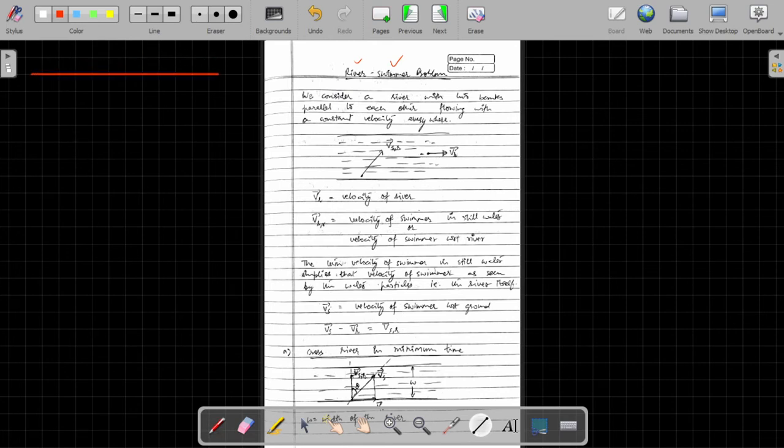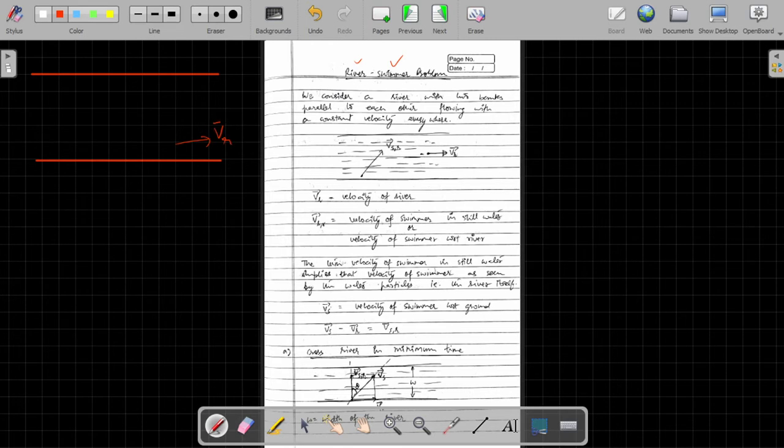So let us draw two banks. This is bank number 1 and bank number 2. These are the two banks of the river, and they are parallel to each other, so that the width of the river, which can be any value, is constant throughout. So we are starting with the river. The river is flowing with some constant velocity.